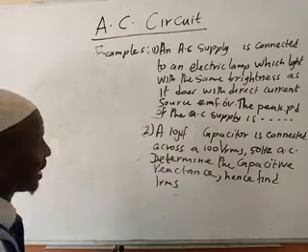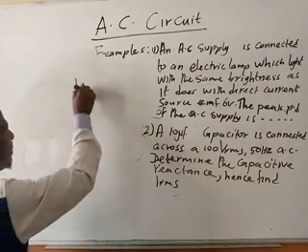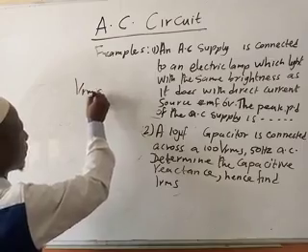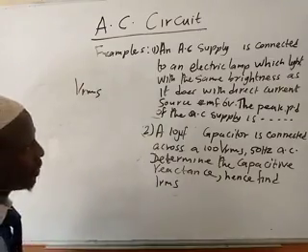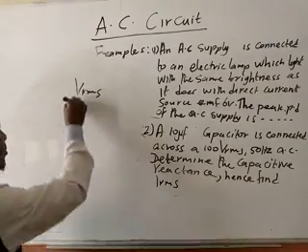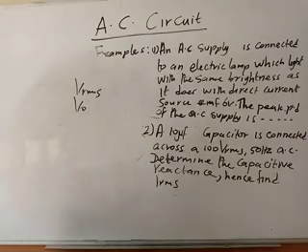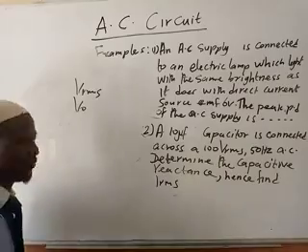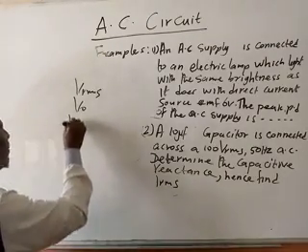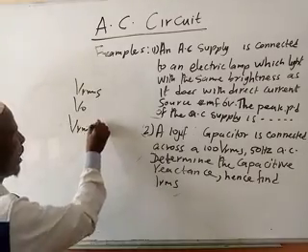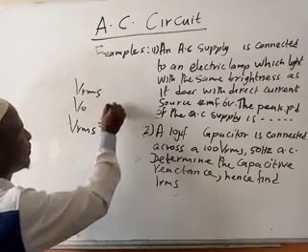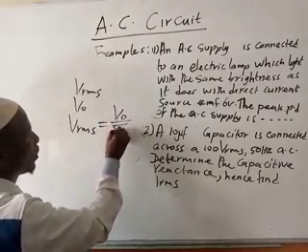So in the question, they gave us V root mean square, and we are looking for V naught. Then what is their relationship? Don't forget, in our previous formula, we have V root mean square is equal to V naught over square root of 2.